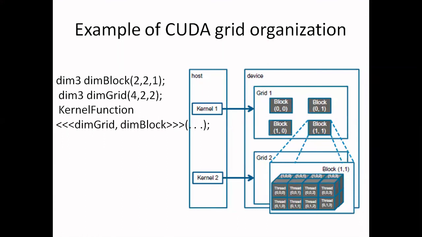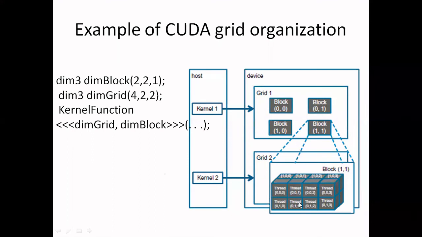So if you think about it, each block has this kind of threads. How many threads? 4 into 2 is 8, into 2 is 16 threads, right? So each has its own number. If you think about these thread numbers, you can understand that the least part is x, the middle is y, and the first is z.